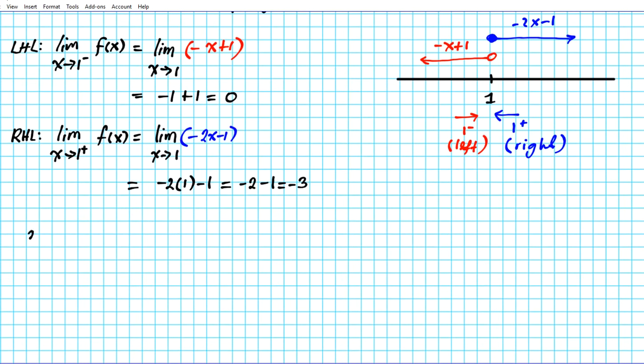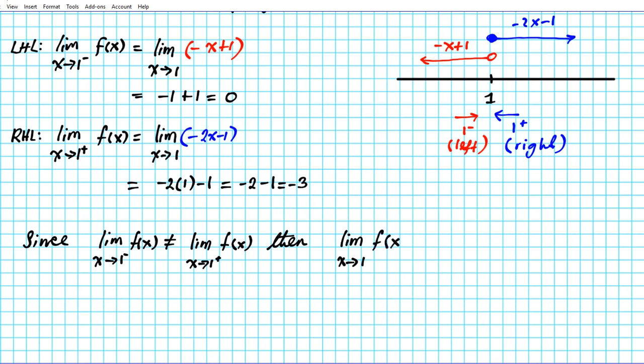Okay, so let's write that down. Since the limit as x approaches 1 from the left of the function, the left-hand limit, is not equal to the limit as x approaches 1 from the right, the right-hand limit, then the double-sided limit given by the limit as x approaches 1 of the function does not exist.